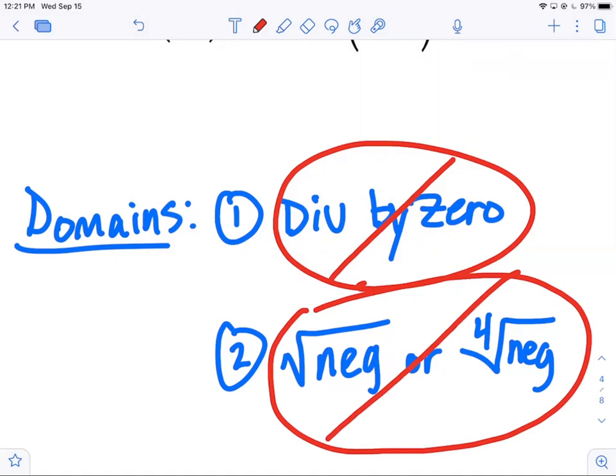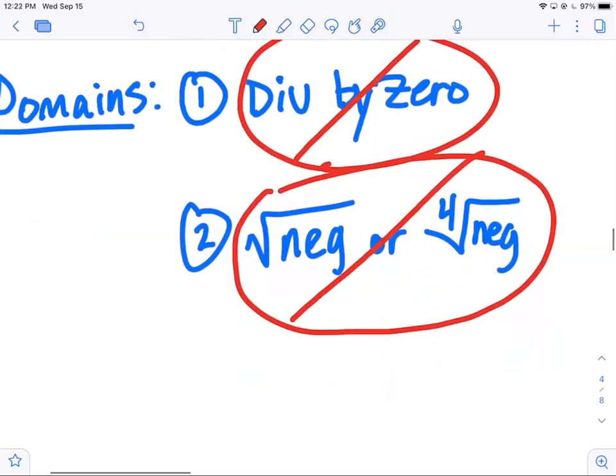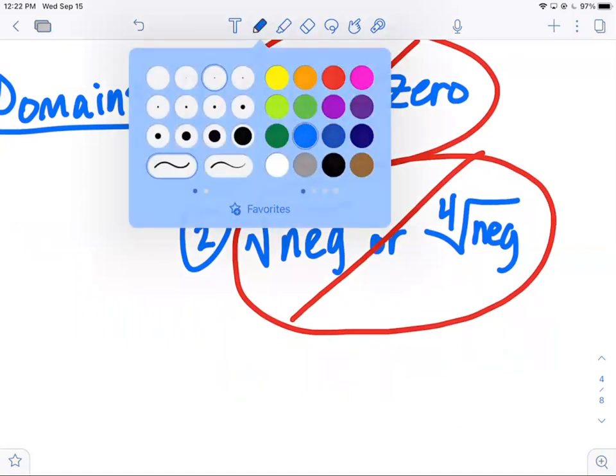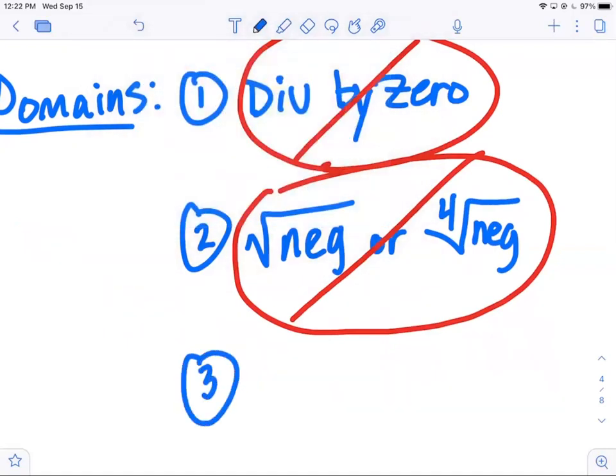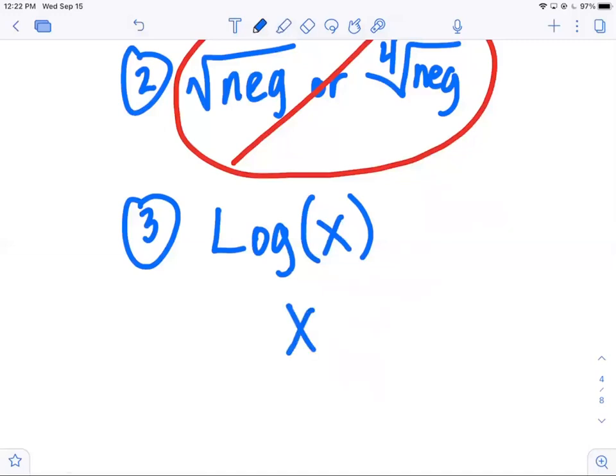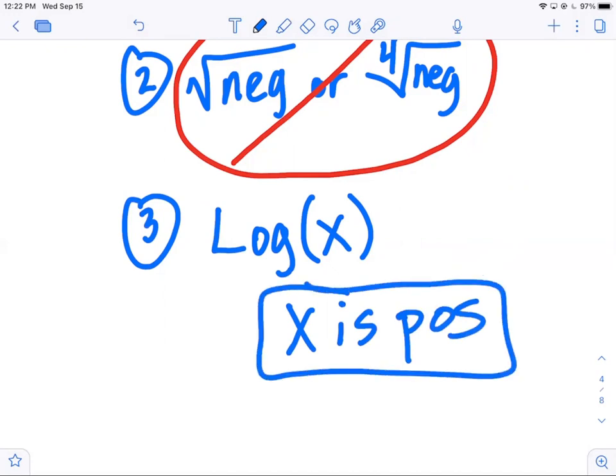Now odd radicals are okay. You can have 0 and negatives under an odd radical. And then the third one is logs. Log of x, we know that x has to be positive. You can only take logs of positive values.